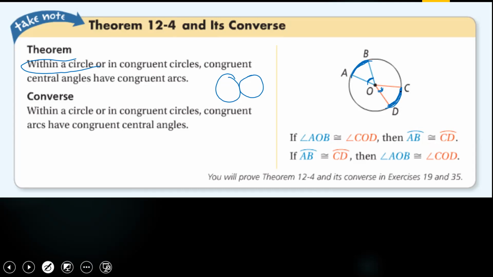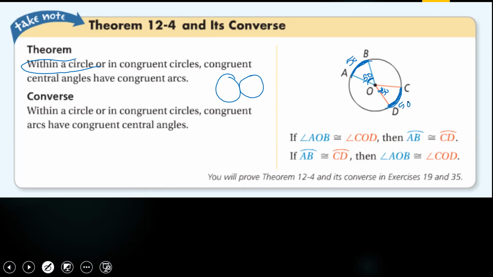So, as an example, if this is 15, this will be 15, because they are surrounded by the same two lines. So if this is 50, this one will be 50.